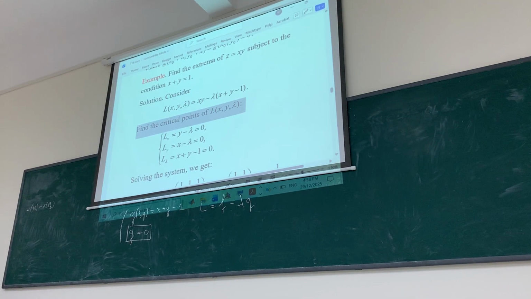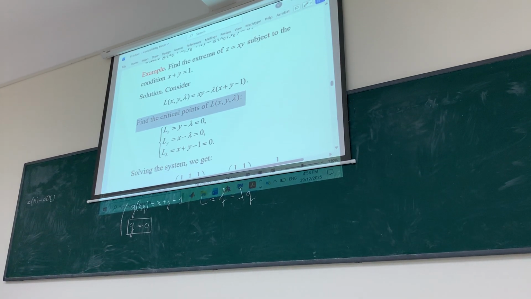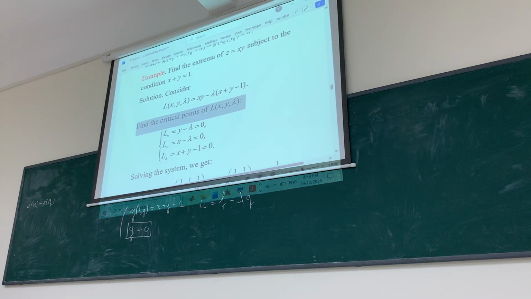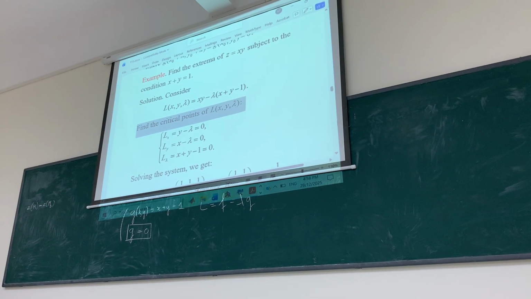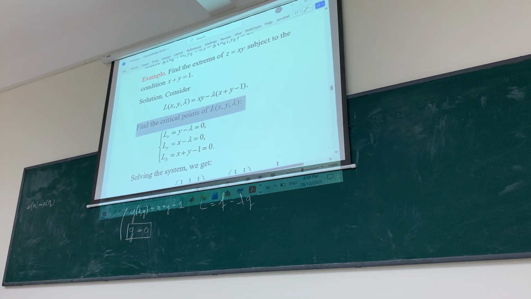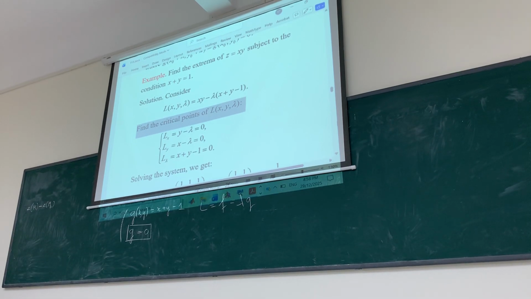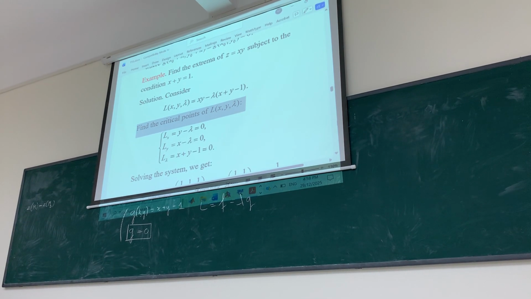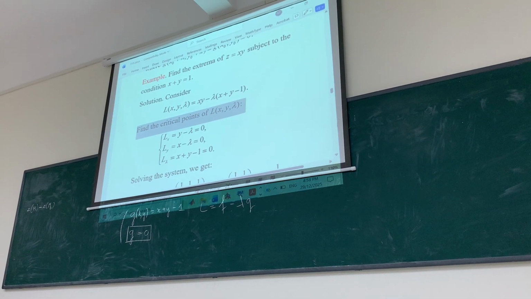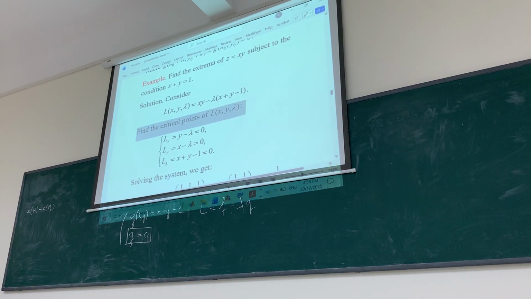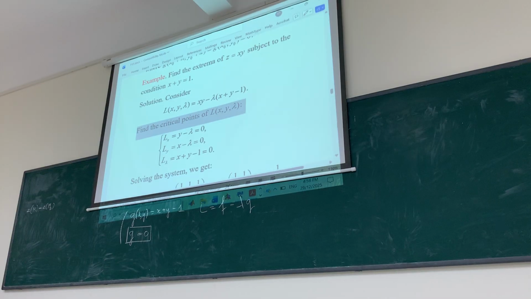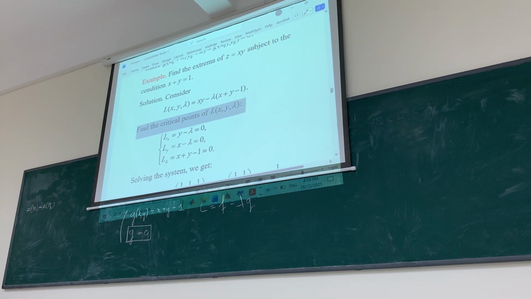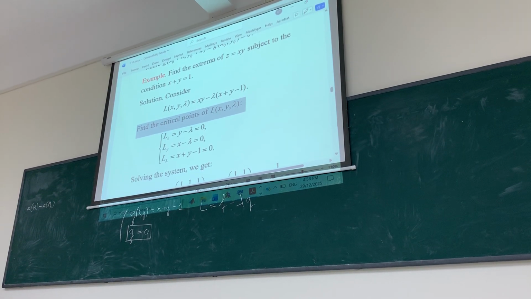From the formula of L, L prime x is equal to y minus lambda. L prime with respect to y is equal to x minus lambda. Finally, L prime with respect to lambda is equal to x plus y minus 1, which equals 0.